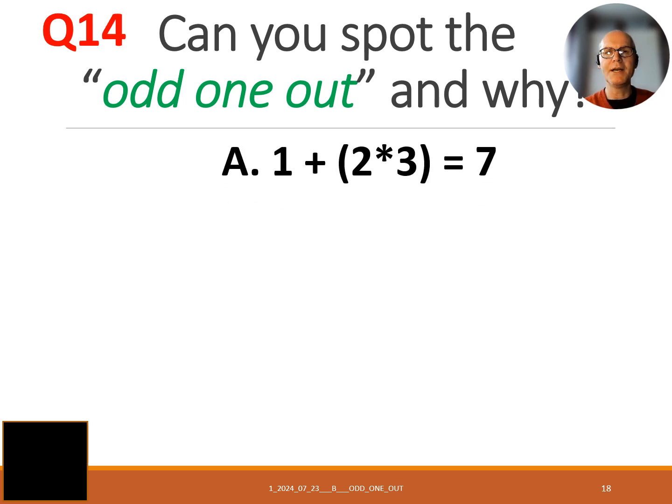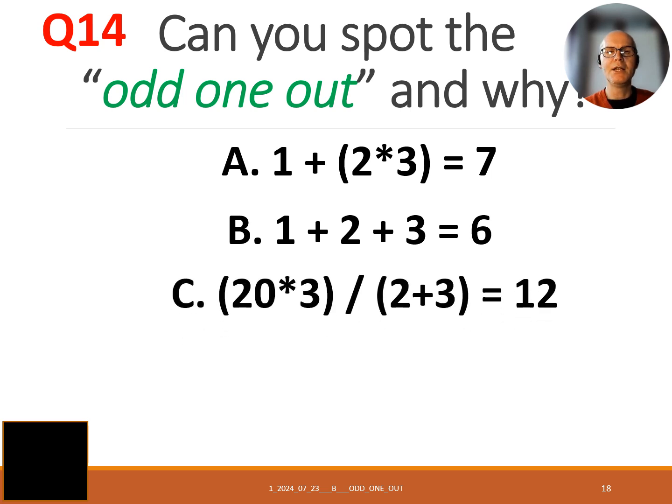Question 14, another BODMAS question. A. 1 plus 2 times 3 in brackets equals 7. B. 1 plus 2 plus 3 equals 6. C. 20 times 3 in brackets divided by 2 plus 3 in brackets equals 12.